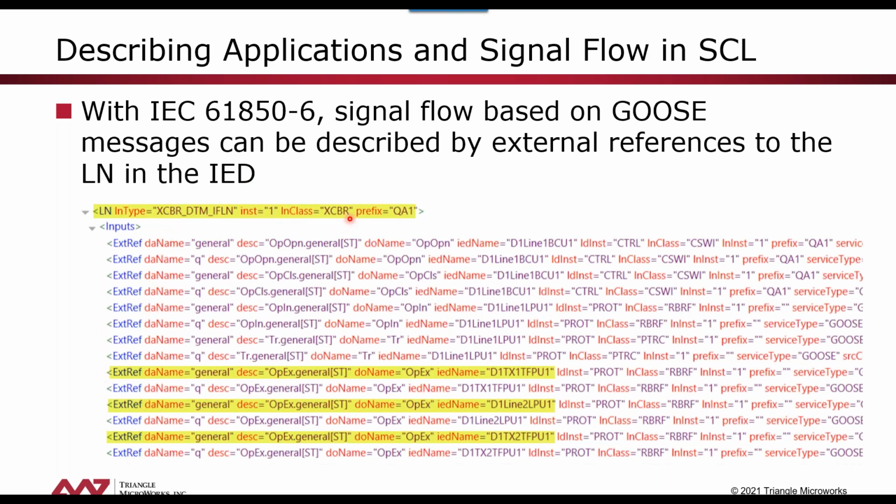As an example, the logical node from a neighbor breaker that would need to trip when the external signal gets activated would have, among others, an XREF, which basically represents an input, an XREF pointing to a signal Op-X that it has to subscribe to from another device, from another logical node, RBRF in another device. That's what we can already do today with 61850 edition 2, the part 6 as we have it today.